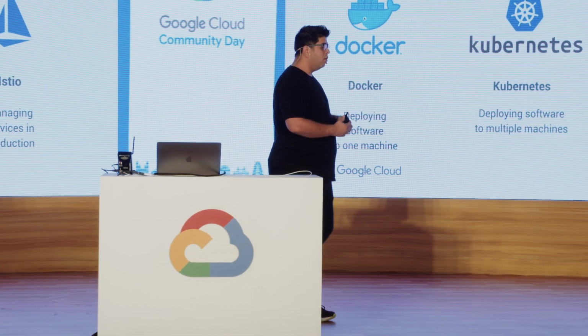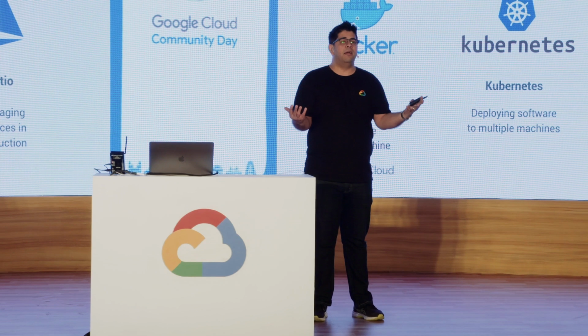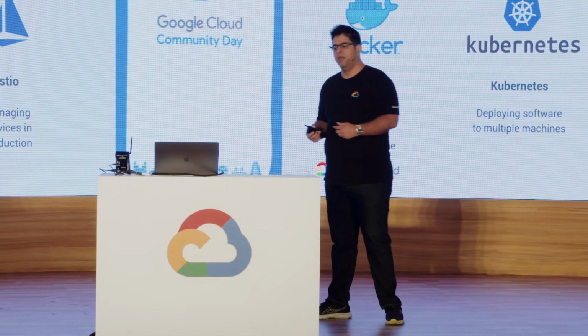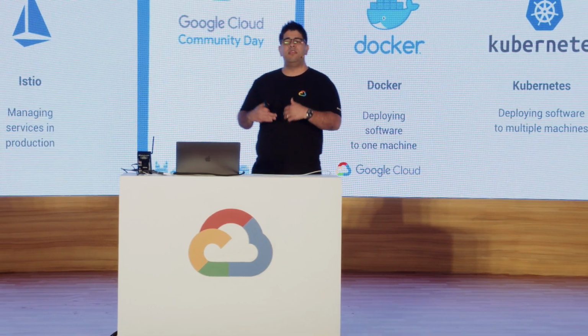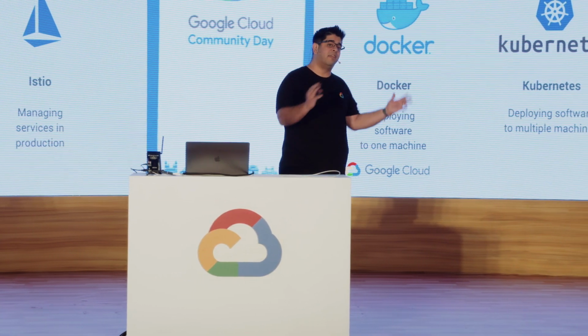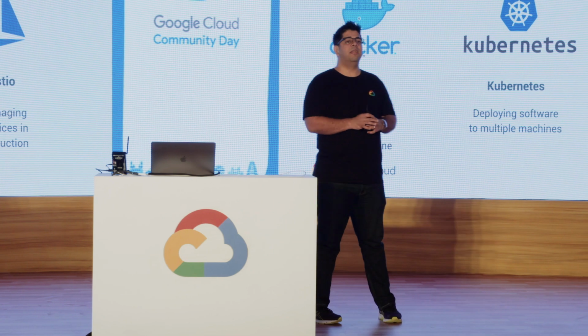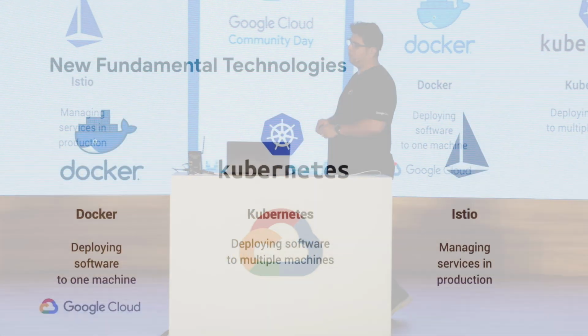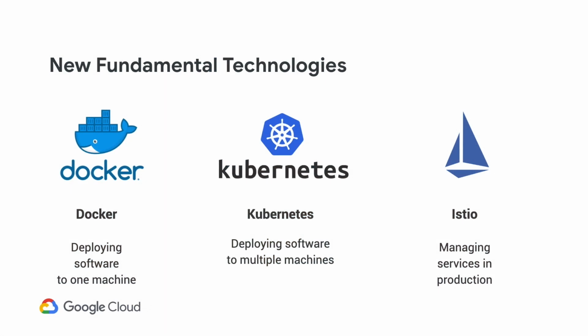And so Google saw that in the industry there was such a big movement towards containers. And we thought, let's take the experience that we have running containers at scale and let's make it just as easy for everybody else to do it. And so 5.5 years ago, we released Kubernetes. And when I say we released it, we actually open sourced it, the whole code base, the trademark, everything.